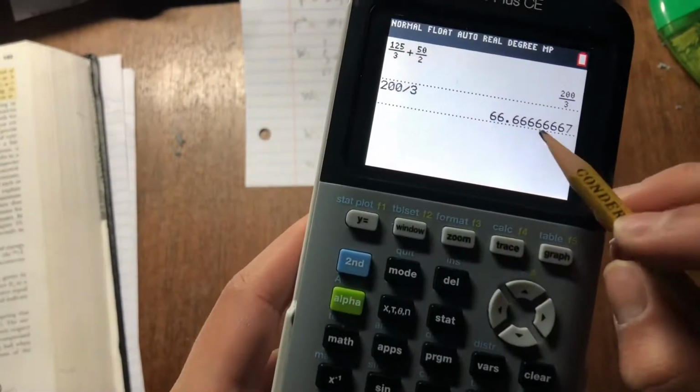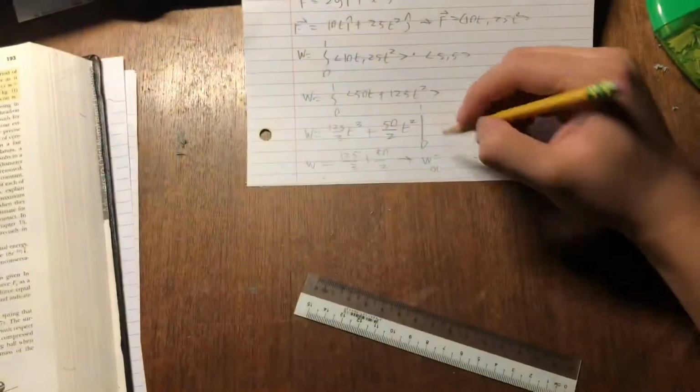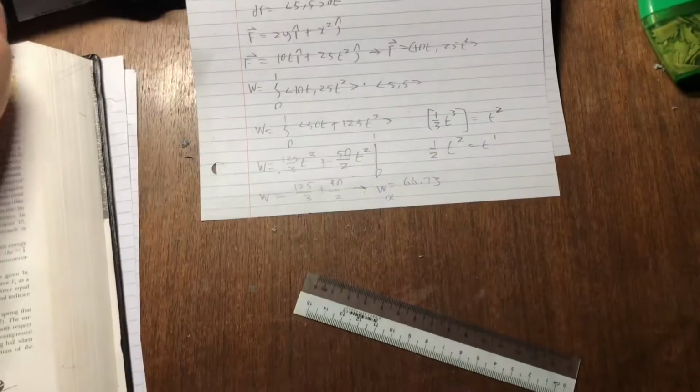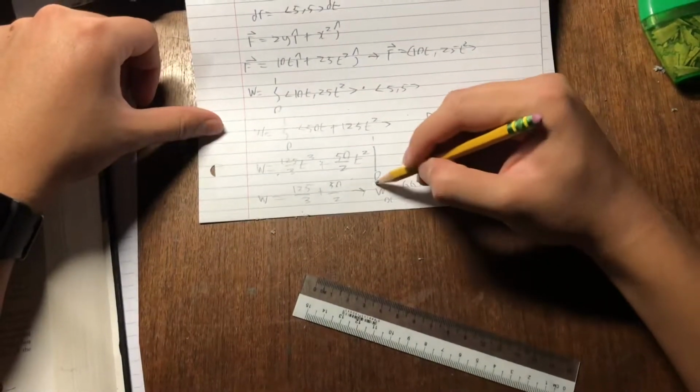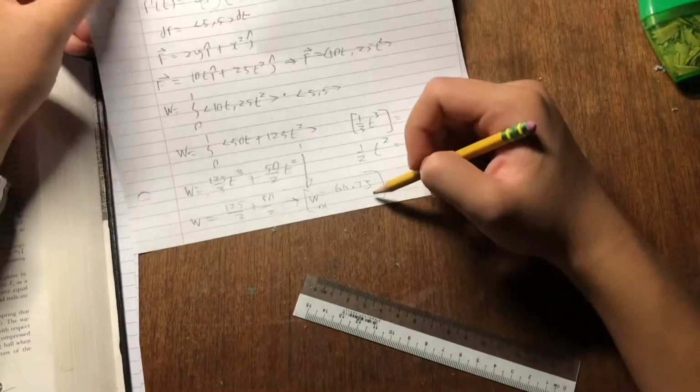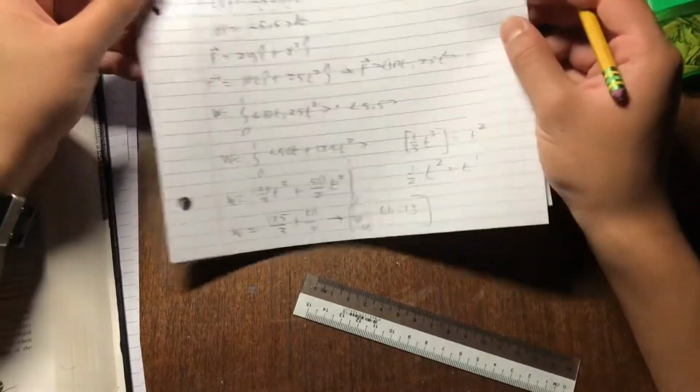This is your final answer, 66.7 joules. So this is your final answer for part C. The work from O to C is 66.7 joules. And that is part C.